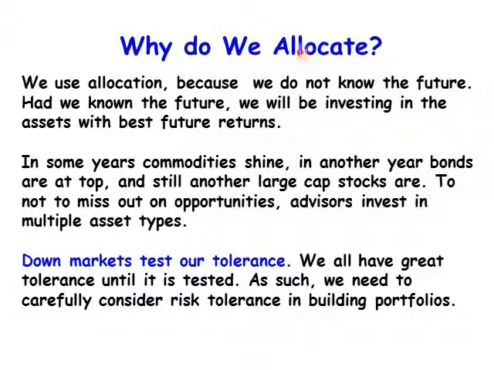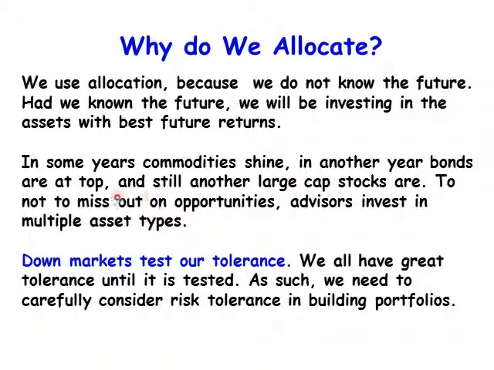Why do we do allocation anyway? We use allocation because we do not know the future. Had we known the future, we would be investing in the assets with the best future returns. The goal of our investing is to build up wealth as quickly as we can. In some years, commodities shine. In other years, bonds are at the top, and in still another year, large caps are in.